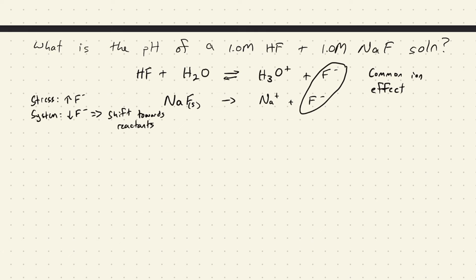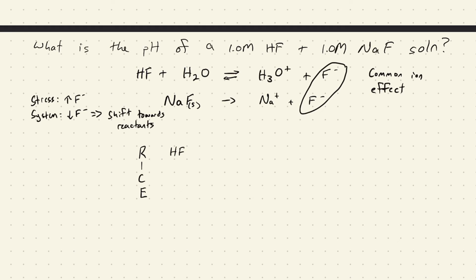Okay? And so when we shift towards reactants, we should use up some of that hydronium ion, and our pH should increase as that concentration of hydronium ion in solution changes. Well, let's prove it. Let's do our RICE table.